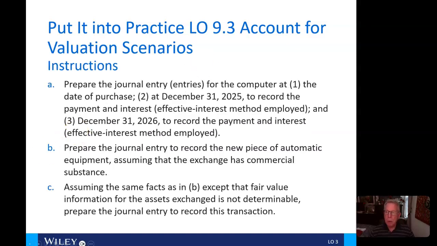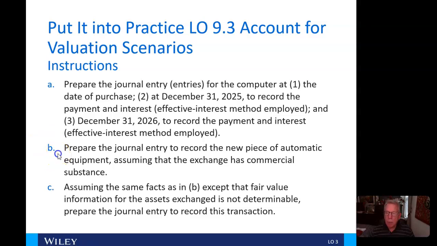Okay, they want you to prepare, under Alpha, the journal entries for the computer: number one, the date of purchase; number two, at December 31, 2025, record the payment and interest using the effective interest method; and then number three, on December 31, 2026, record the payment and interest, effective interest method employed.